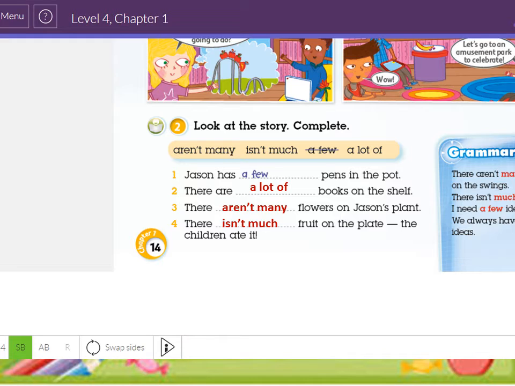Why aren't many? Because flower is a countable noun and it is plural. So flower is completed with s, so it becomes flowers. It means that you use aren't many.